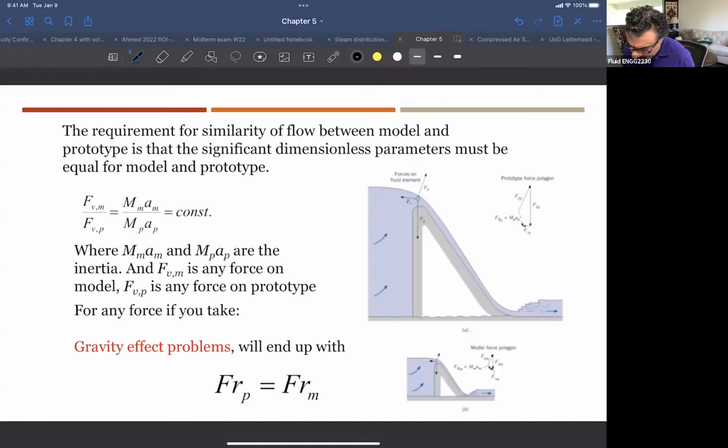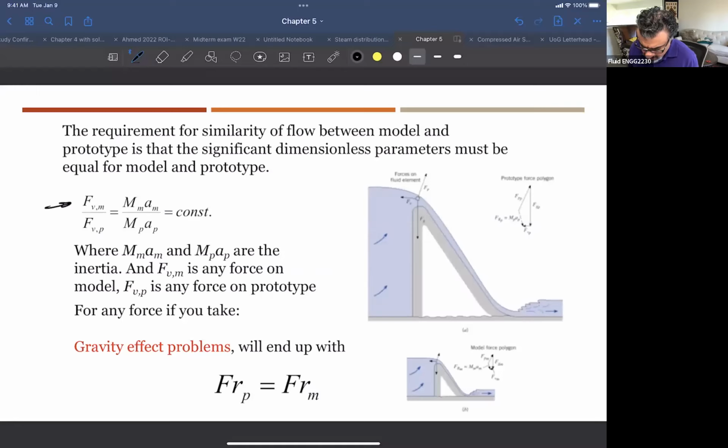Okay, so the requirement of the similarity between the model and the prototype is that the significant dimensionless parameter must be equal for the model and the prototype. And one simple example here, when we are talking about forces, we know force is mass times acceleration.